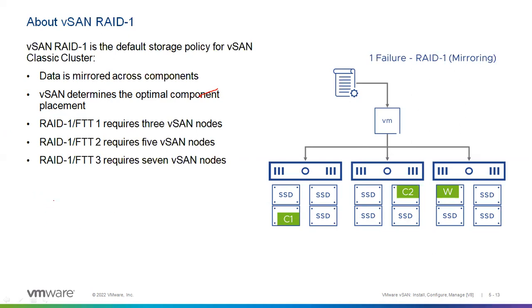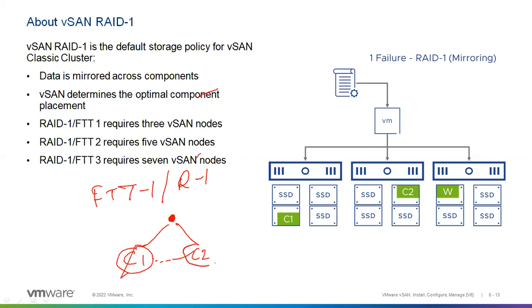First, I will make a policy FTT 1, failure to tolerate 1 with RAID 1. What does it mean? On whichever object you apply that policy, it will create 1 copy plus 1 mirror copy of that component written inside the underlying storage, plus a witness.